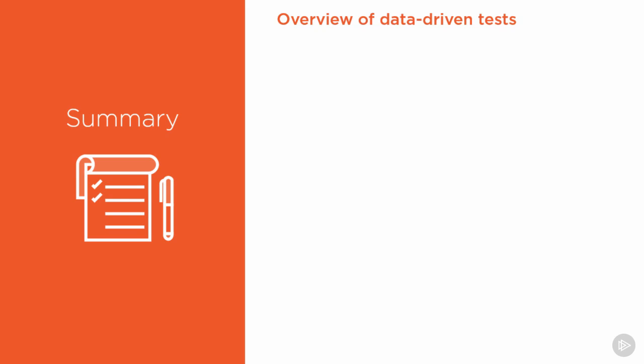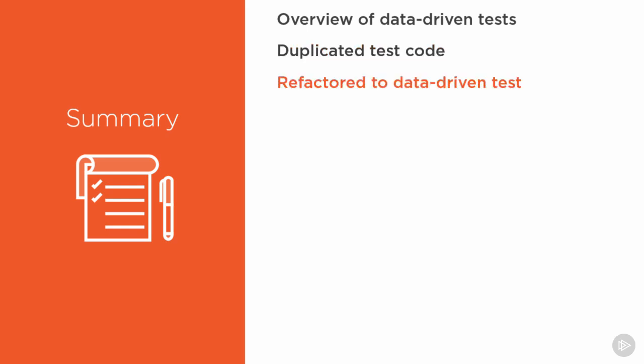In this module, we started off by getting an overview of data-driven tests, and we learned that they can help us to reduce duplicated test code and so reduce the maintenance overhead going forward. We added some different tests to our player character, and we saw that we started to get duplicated test code. We then saw how we can refactor these multiple methods to a single data-driven test.